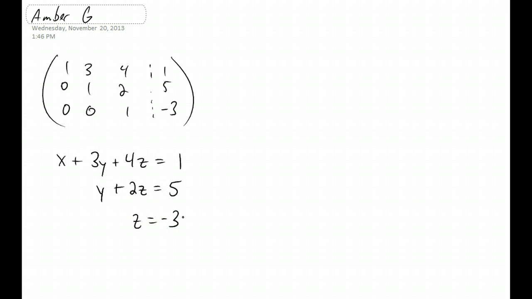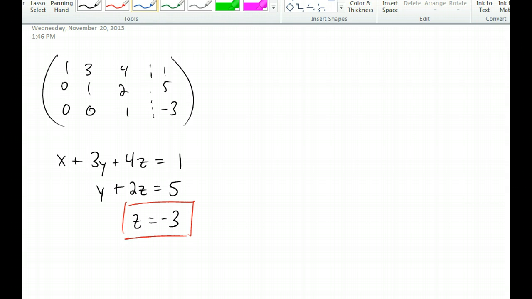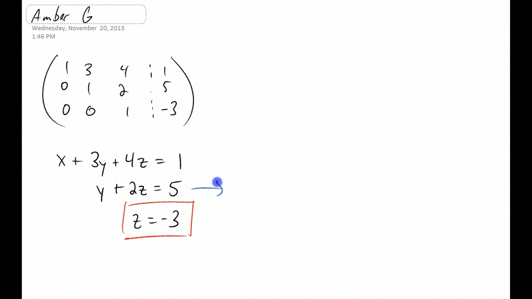So if this is the situation that you're in, then you already have z. You figured out what z is. z already equals -3. So that's great. Now, if you want to find y, what you do is you take the second equation and solve for y.